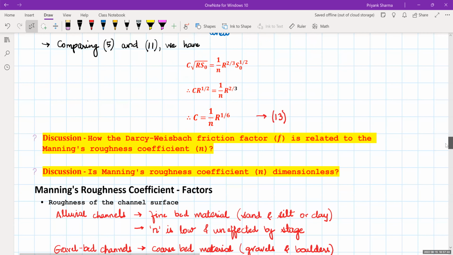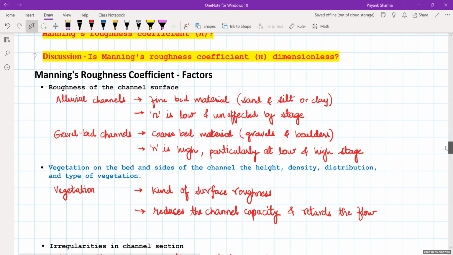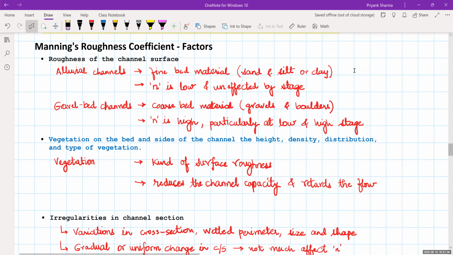Moving ahead, what factors does Manning's n depend upon? Usually it is called Manning's n, to avoid saying Manning's roughness coefficient every time. The first and foremost factor is the roughness of the channel surface.